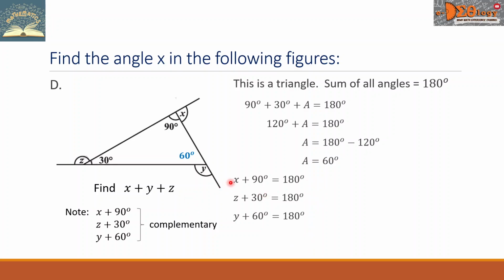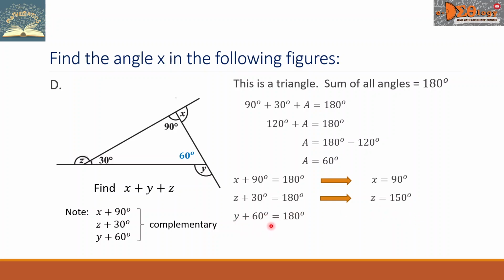Now let's solve for x, z, and y respectively. For the x, we transpose this 90 degrees to the right. So 180 degrees minus 90 degrees, x value is 90 degrees. What about the z? This 30 degrees we transpose to the right. So 180 degrees minus 30 degrees, that is the value of z, equals 150 degrees.